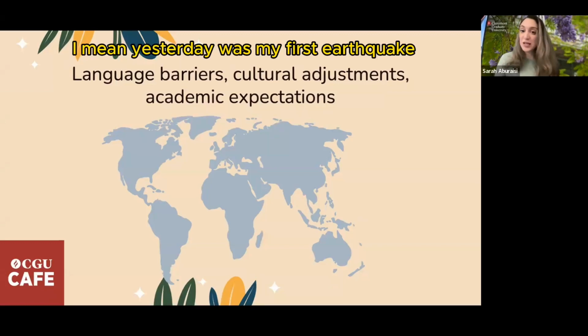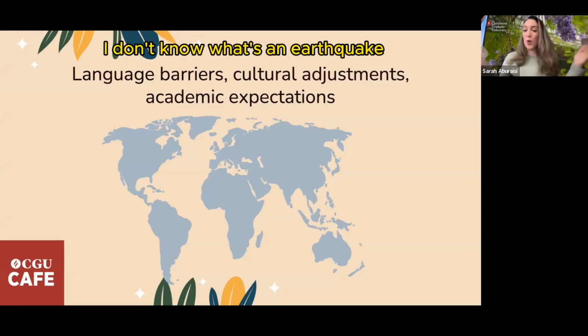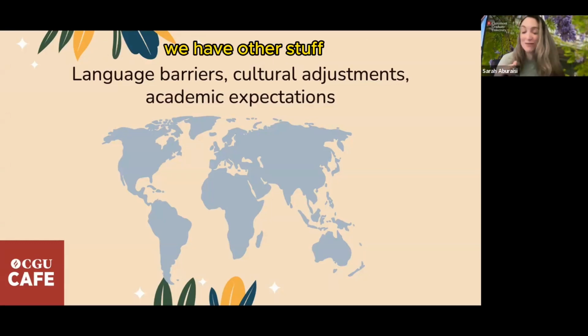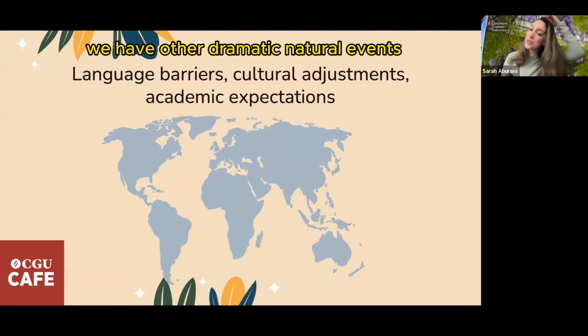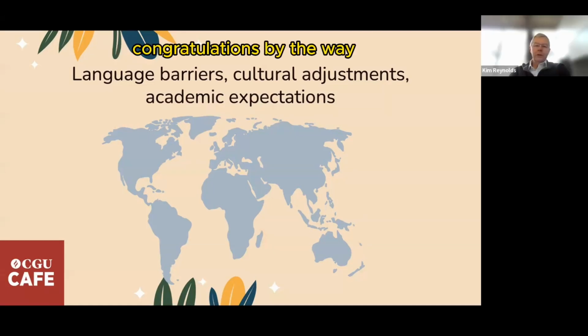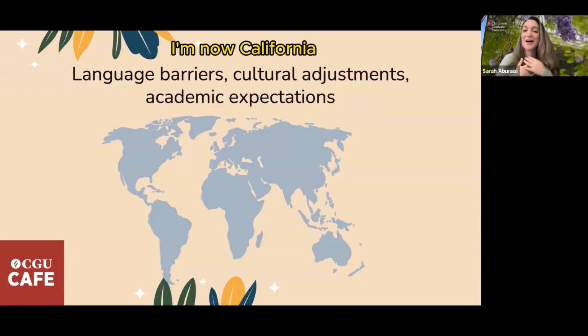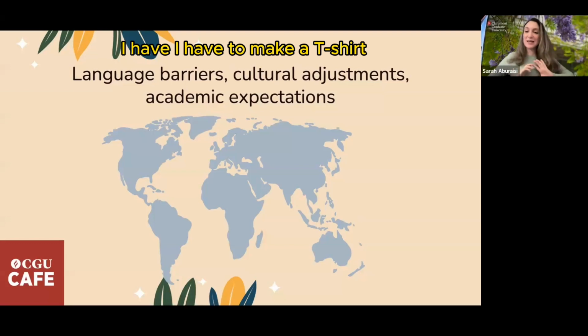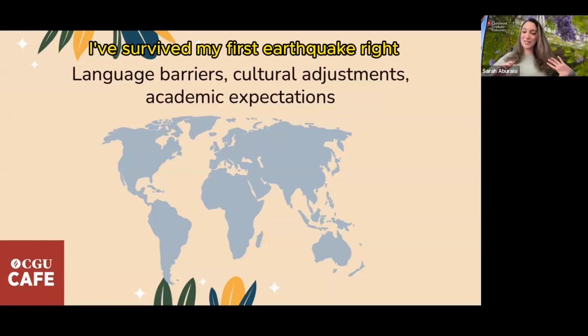I mean, yesterday was my first earthquake. I don't know what an earthquake is. We have other dramatic natural events, I'm not saying we don't. Congratulations, by the way. Thank you. I'm now Californian. I have to make a t-shirt: I've survived my first earthquake.